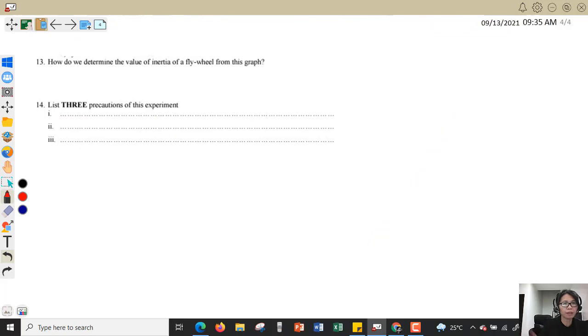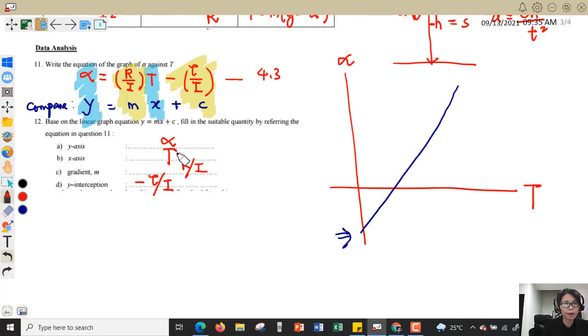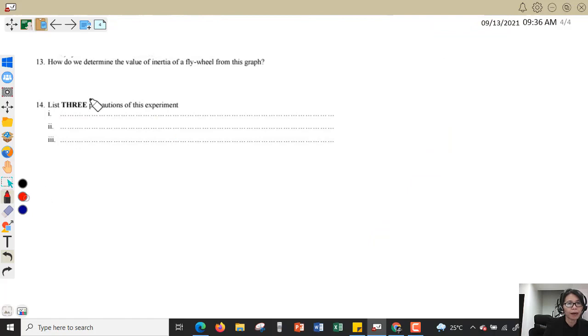Next question, question 13. How do we determine the value of inertia of a flywheel from the graph? If we do the comparison, we find out that our gradient is r over I. So we can relate the moment of inertia with the gradient. We can determine the gradient of the graph by drawing a triangle, and then we can determine the moment of inertia, whereby our gradient m is the radius of the axle divided by moment of inertia.